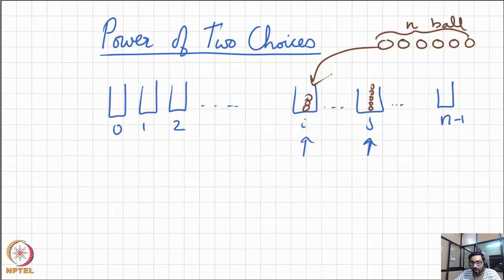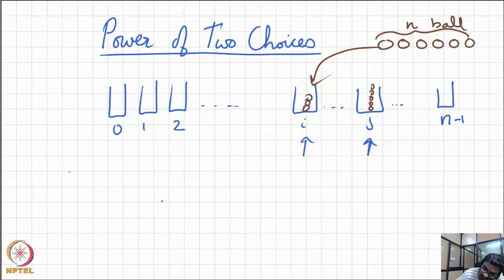And quite surprisingly, this small variation of the classic balls and bins gives us a much better max load, meaning a much better bound on the number of balls that is going to be found in the bin with the most balls.